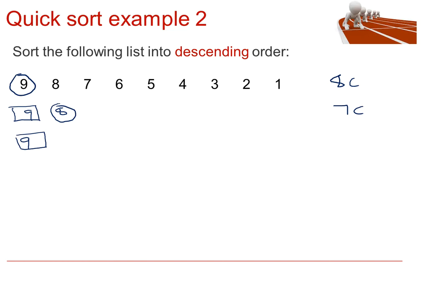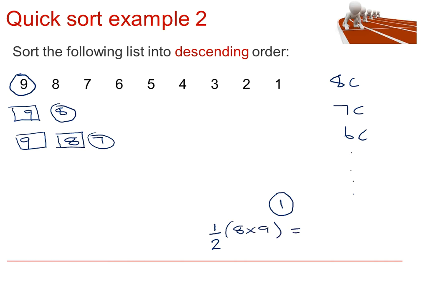No changes, no swaps, but the 8 would be fixed, and then the next pivot would be the 7, with 6 comparisons, and so on, down to the point where we would only have the 1 left that hasn't been fixed. If we total those number of comparisons, using half of n times n plus 1, we would find that we'd made a total of 36 comparisons.